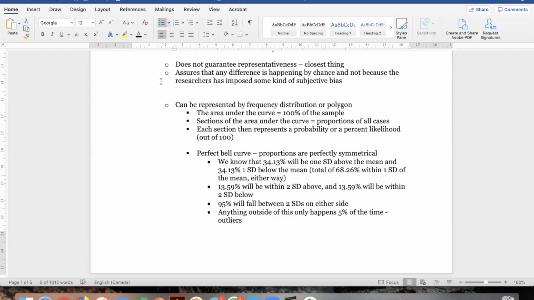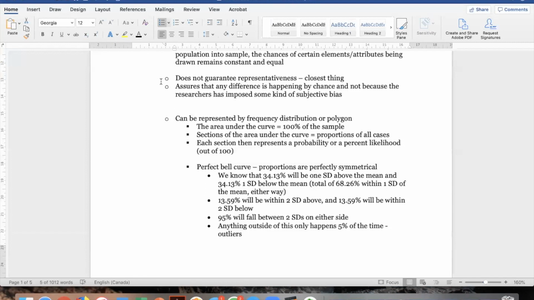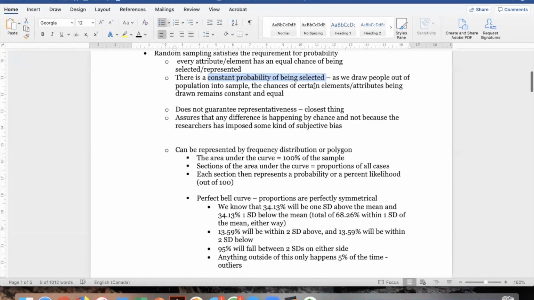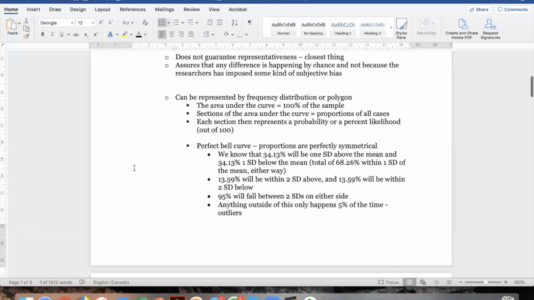And when you control for all of those extraneous variables, all of the other attributes, then you have less of a chance that that change in the dependent variable is happening just by chance. It's more likely that it's happening based on the independent variable.